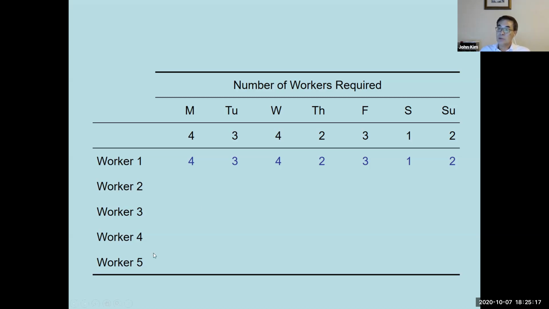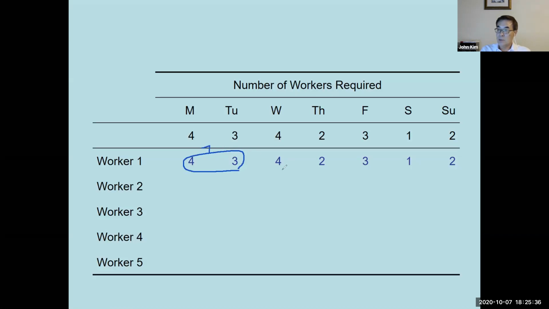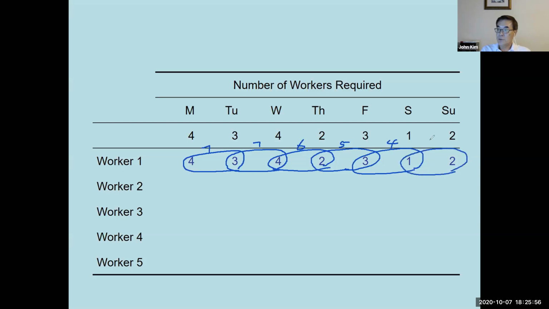So circle two consecutive days, and then add them. Circle 2 consecutive days and add them: 7, 6, 5, 4, 3.